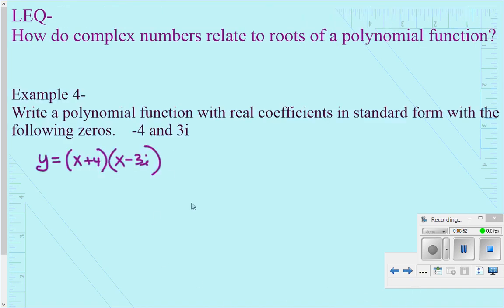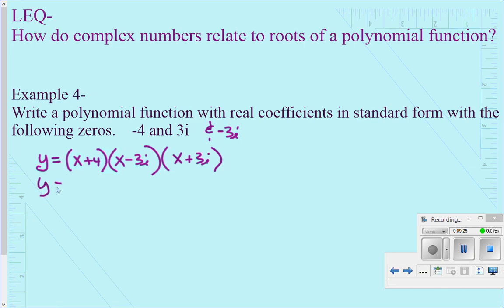I gave you in the problem 3i is a root, but you automatically know that 3i is not the only complex root because they come in pairs. They don't come singly. So even though I wasn't told this, you know that -3i is also a root because -3i is the conjugate of positive 3i. So I need to also include x minus -3i, which is x plus 3i.